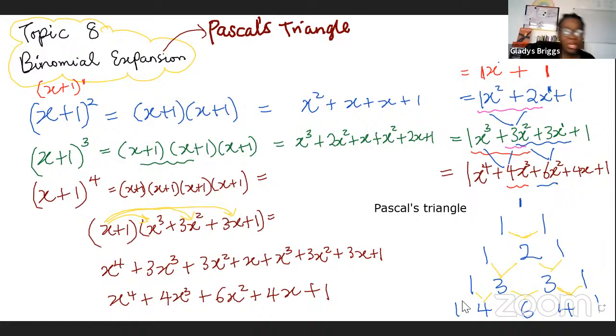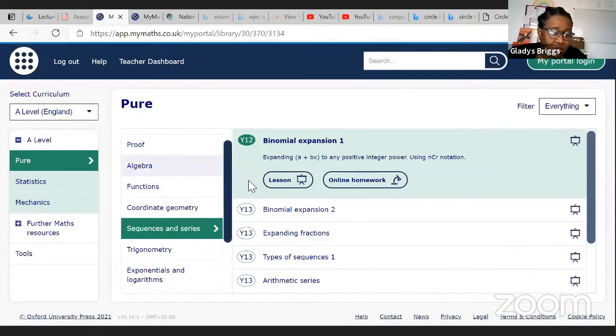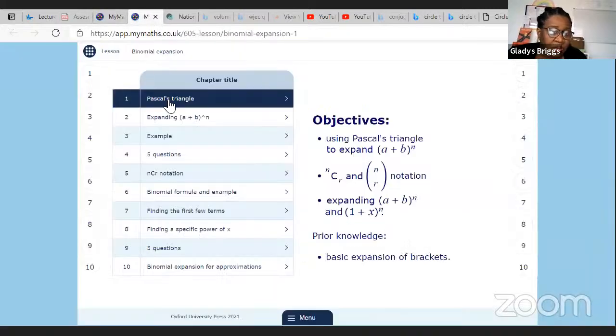Okay, so that's how we work with Pascal's Triangle. Let's go to My Maths now that I've given you a preview of what we're going to be doing today.